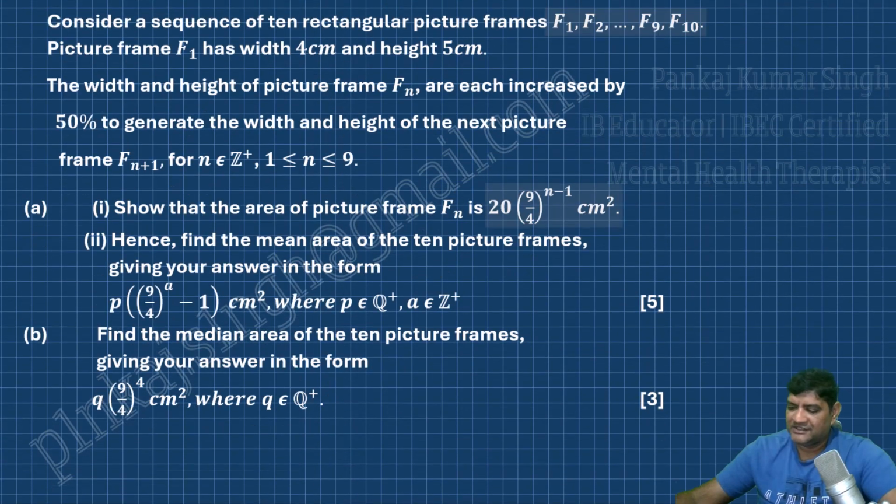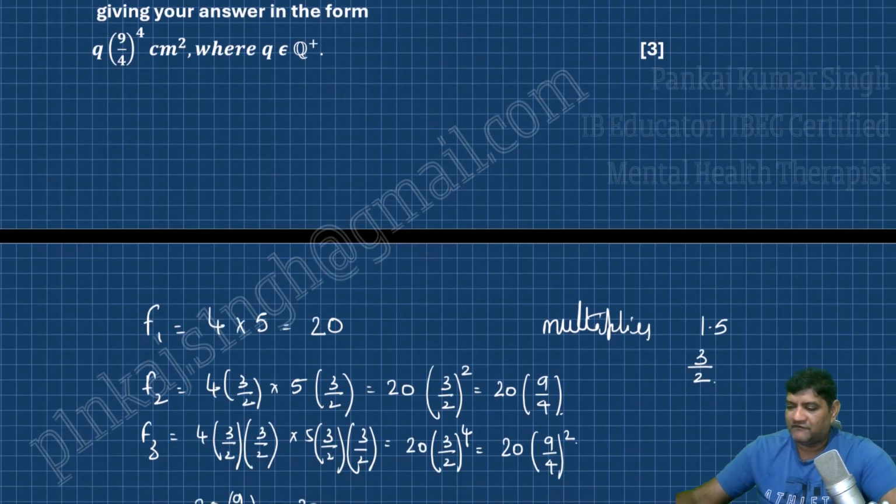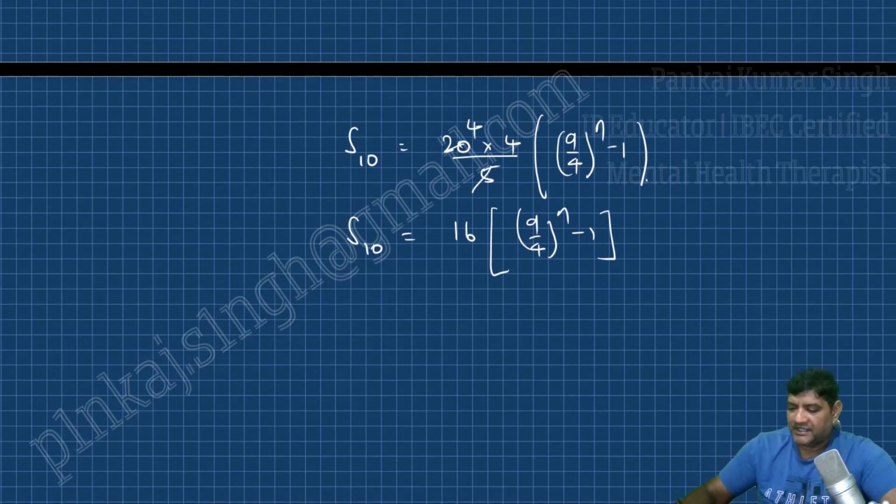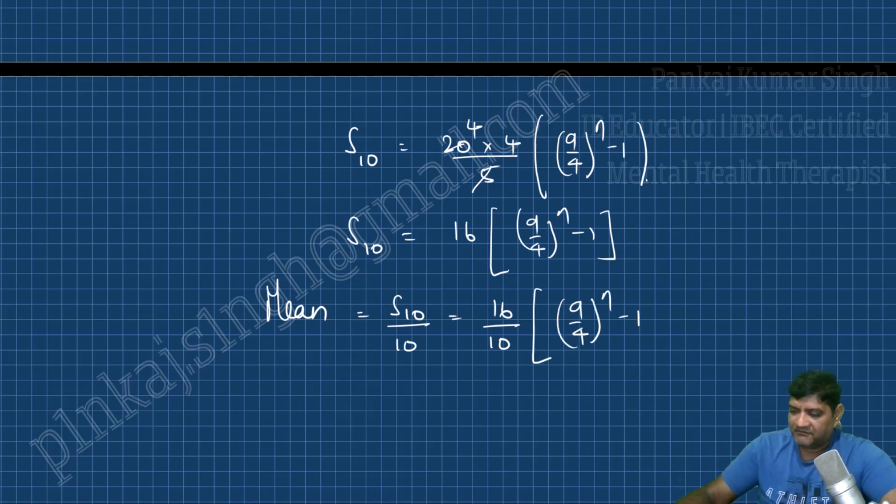What he's looking for is the mean area. So the mean area would be the sum of the areas divided by the total number of picture frames, which is 10 in this case. So the mean is equal to the sum till the 10th picture frame divided by 10, and that's going to give me 16 over 10 into 9 by 4 to the power of n minus 1.